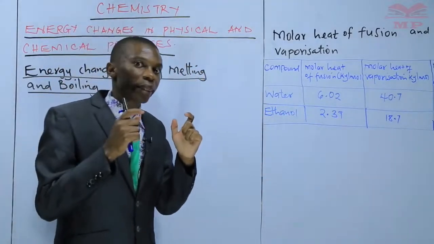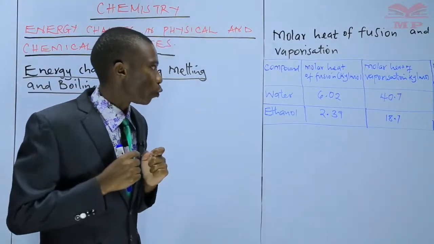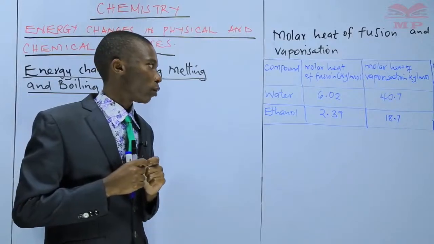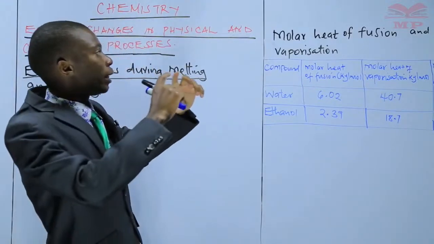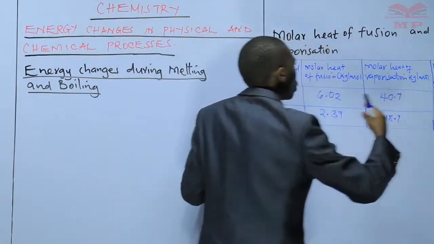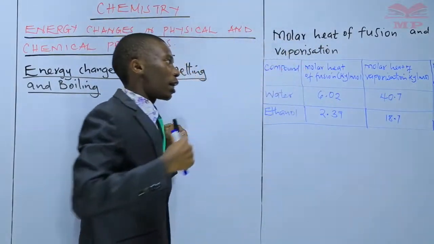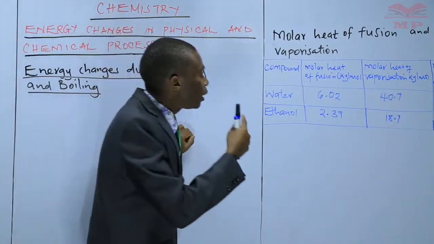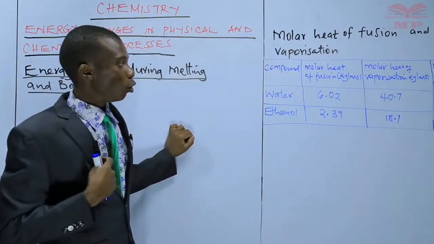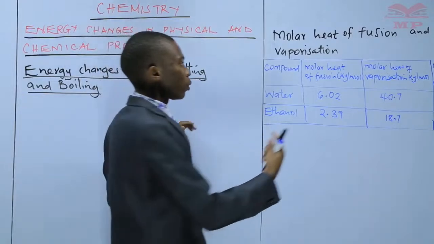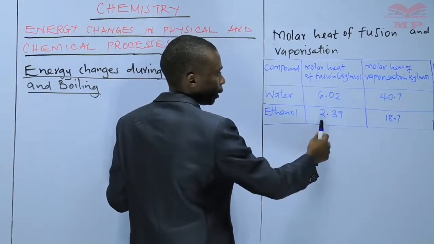So the molar heat of fusion of water is higher than the molar heat of fusion of ethanol. That again shows the difference in their melting points. So when the molar heat of fusion is high, then the melting point is high. When the molar heat of fusion is low, then the melting point is also low.